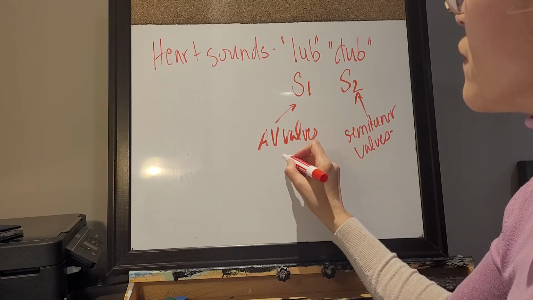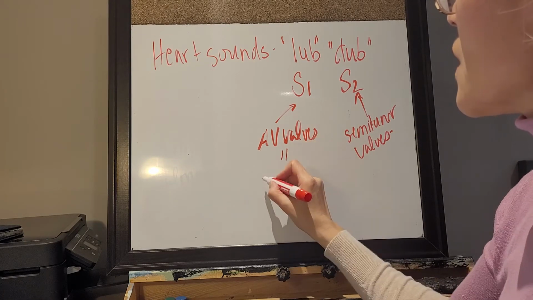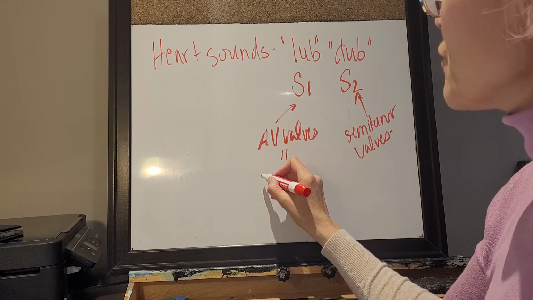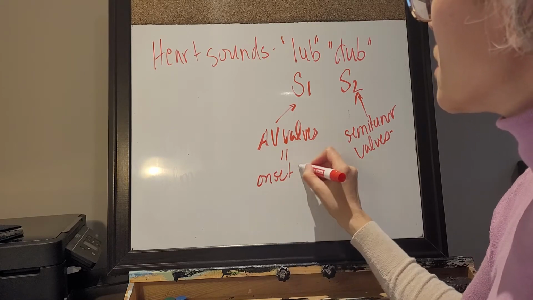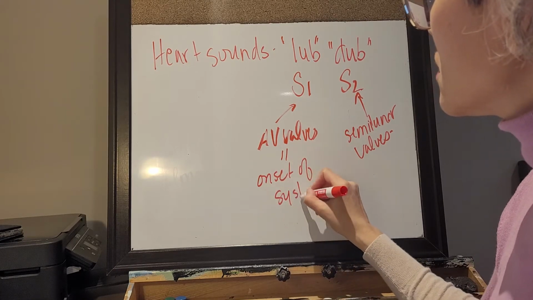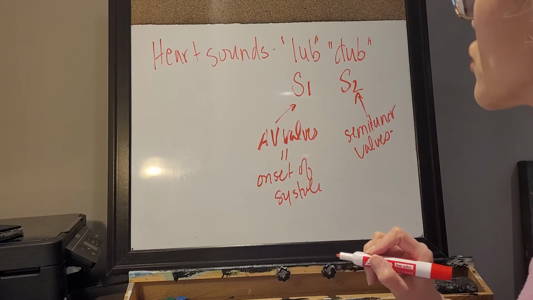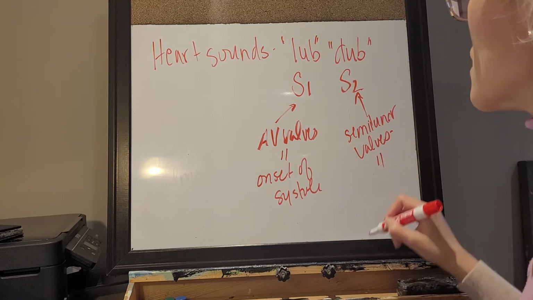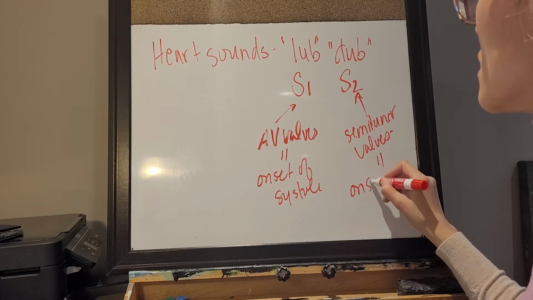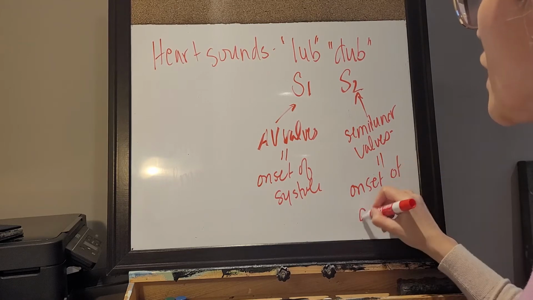Closure of the AV valves marks the onset of systole. Closure of the semilunar valves marks the onset of diastole.